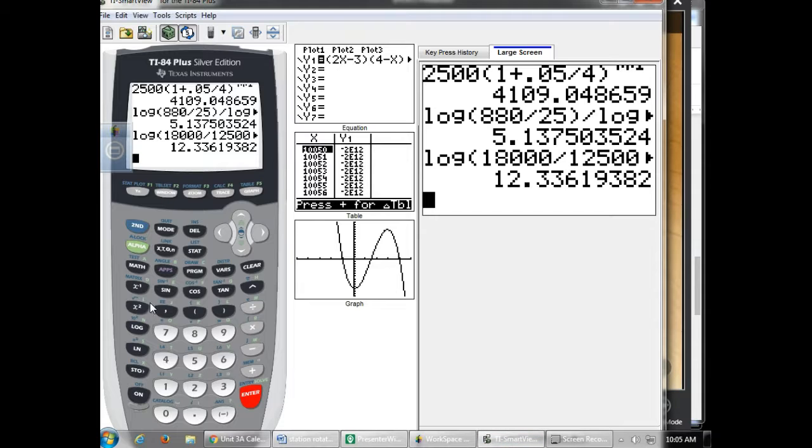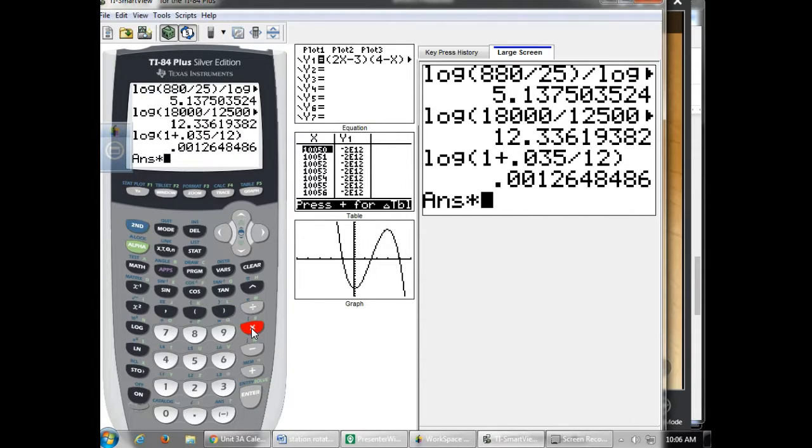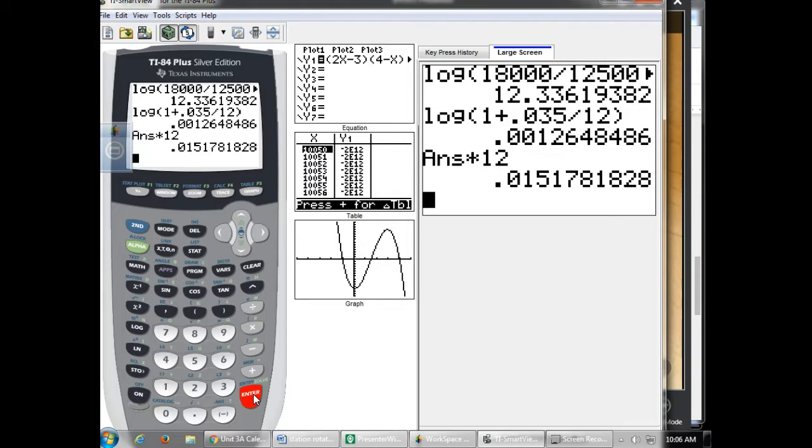Okay, so the first thing I'm going to do is get log of 1 plus 0.035 divided by 12. So like this. And then when I get that value, I can pull that right back up and multiply by 12. So there's my denominator.